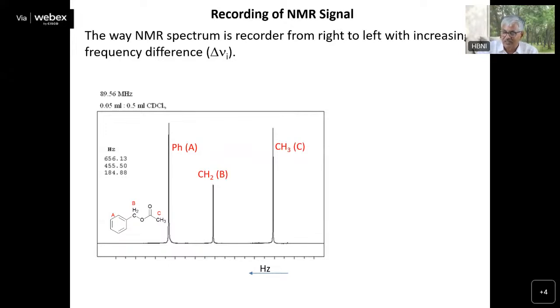That's why this methyl is coming at 184.88 hertz only, because we have now subtracted the machine frequency. The CH2 is now 455.50 hertz, and the phenyl protons come at 656.13 hertz. We are not recording anything in megahertz; everything is recorded in hertz. This is the advantage of subtracting the machine frequency from the sample frequency or some nucleus resonance frequency.